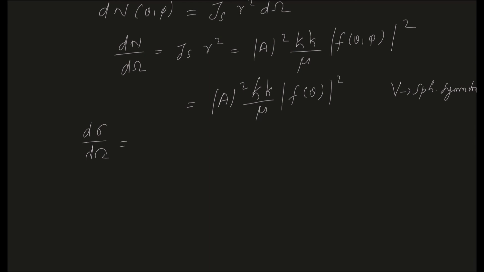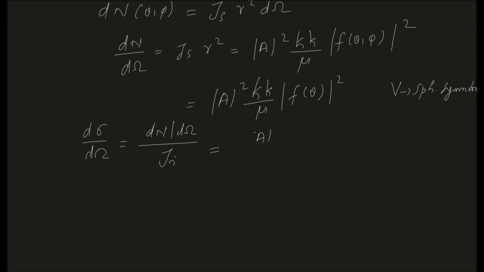Therefore, the differential scattering cross section can be written as d sigma by d omega. According to the definition of the differential scattering cross section, this is dn by d omega divided by the incident flux. That was the definition I gave in the beginning of this class.